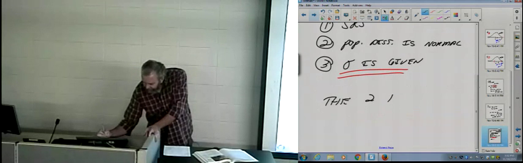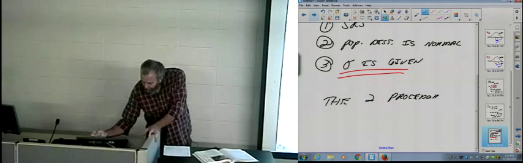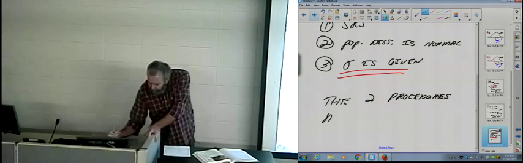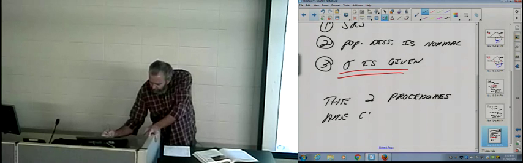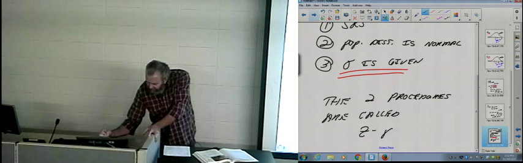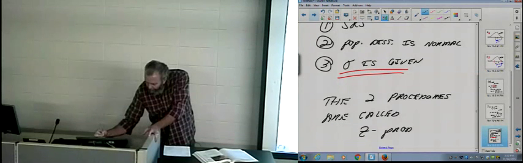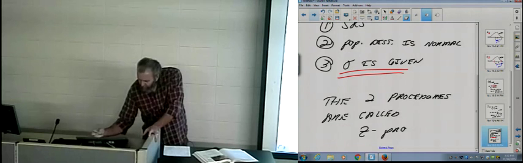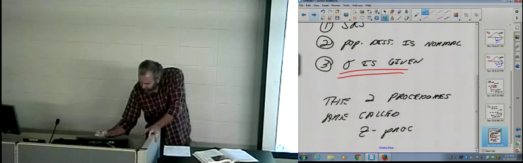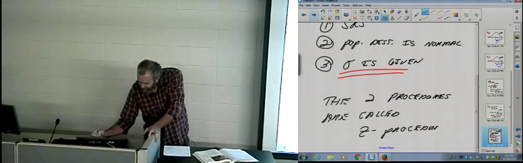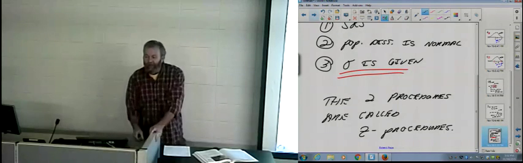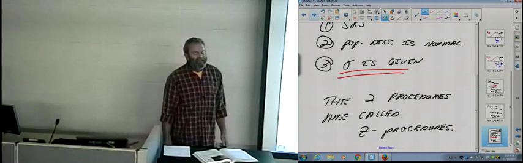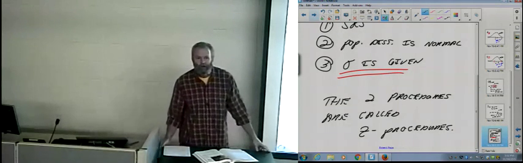Now, the two procedures are called Z procedures. The reason they are called Z procedures is because your confidence interval uses a critical value.